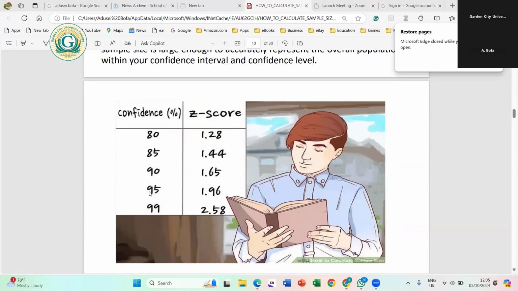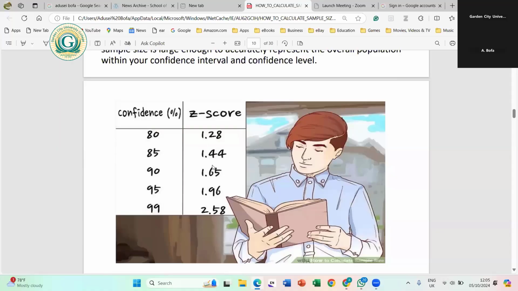Okay, so if I'm doing a research, I want to compute my sample size, and I'm saying that I'm going to use a confidence level. Don't forget this confidence level, you, the researcher, you have to choose it. So if I'm saying that I'm going to use a confidence level of, let's say, 95%, then its respective Z score, because it is this Z score that we use in your computation.